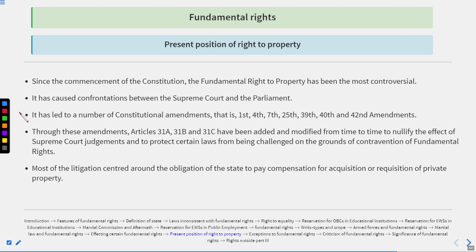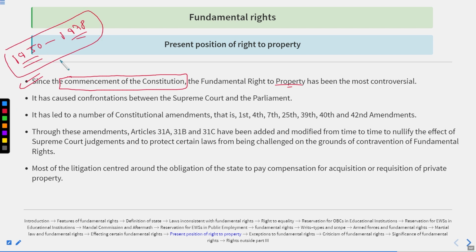Thereafter, if we talk about another scenario, since the commencement of the Constitution, the fundamental right to property has been the most controversial. The Constitution commenced in 1950, and till 1978, almost 28 years, the right to property as a fundamental right has been the most controversial one.